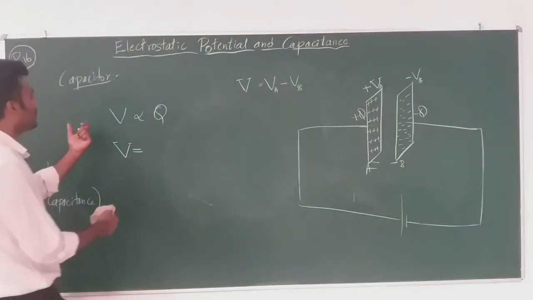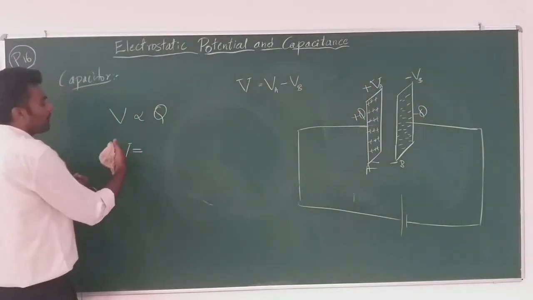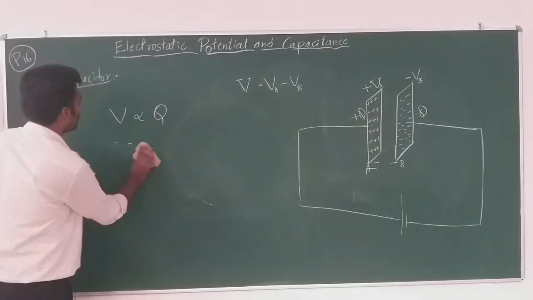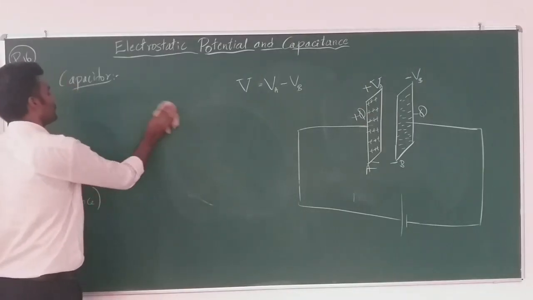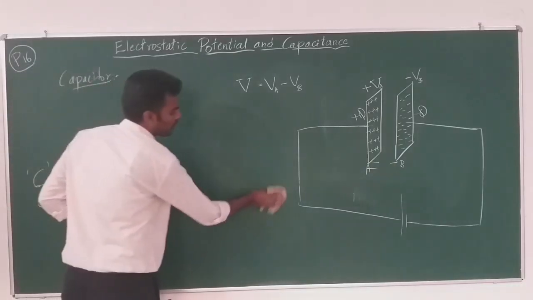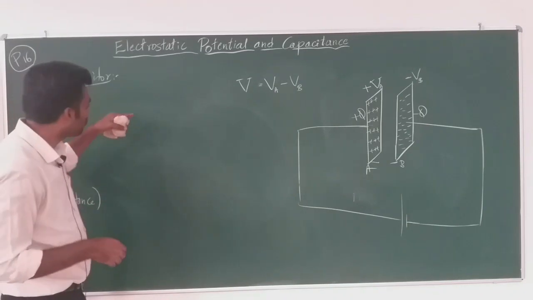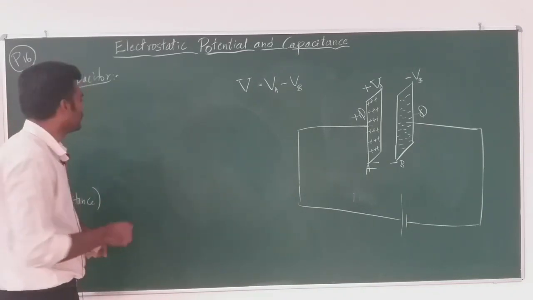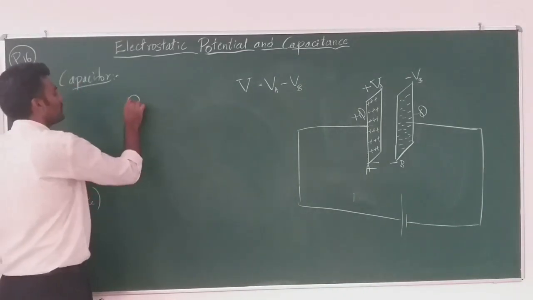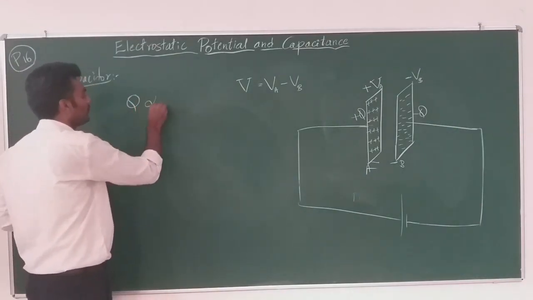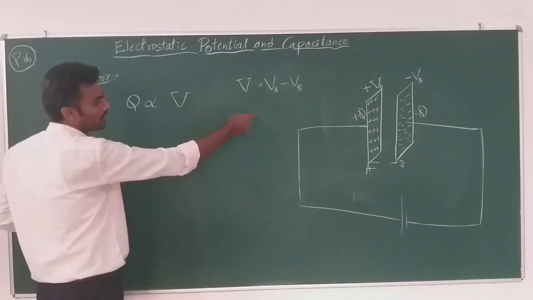It won't be that good to take V proportional to Q. Let me consider Q proportional to V. Both are fine, but I don't want to put the constant in the denominator. And physically speaking, it's Q which is dependent on V, the potential difference between the plates.